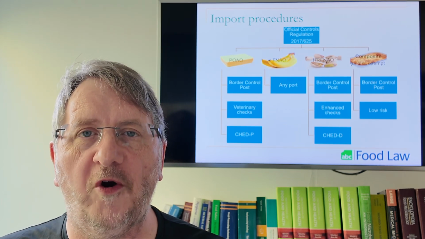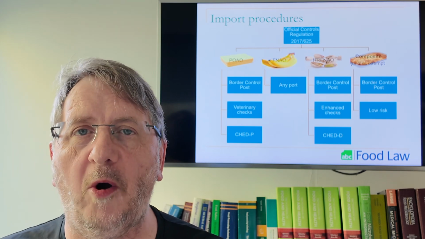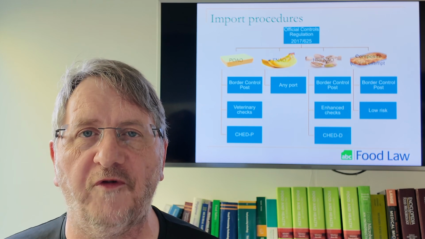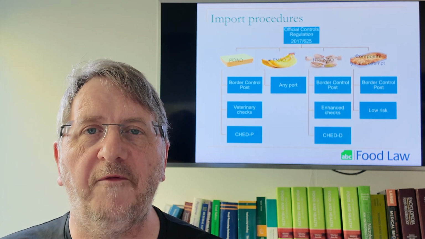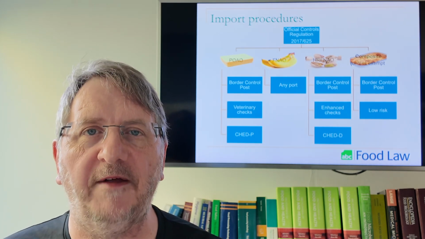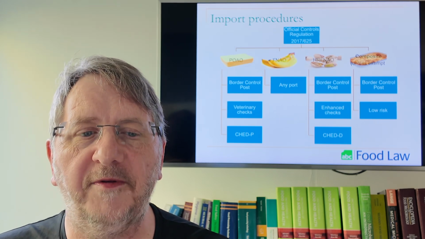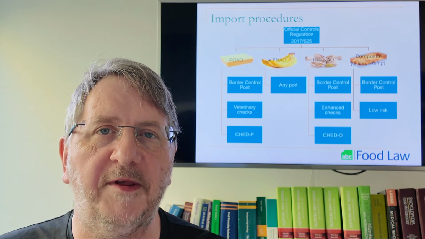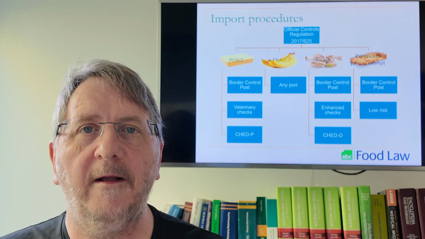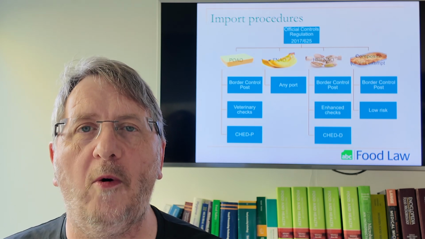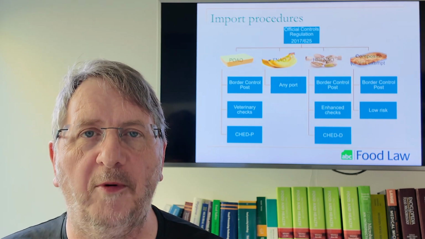So a border control post, there is a separate video on what a border control post is, but it's basically a facility at a point of entry that has been authorised for performing checks on the relevant food. Products of animal origin at a border control post will be subject to veterinary checks, performed by either veterinarians or official fish inspectors at the point of entry.